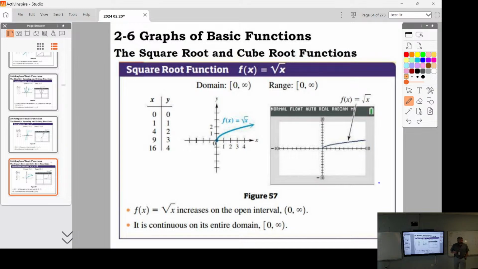Therefore, on the square root function, x cannot be negative. So the domain goes from [0, because I can take the square root of 0, so x can equal 0, up to infinity. And the result of taking the square root of a non-negative number will also be a non-negative number. So the range is also [0 to infinity.